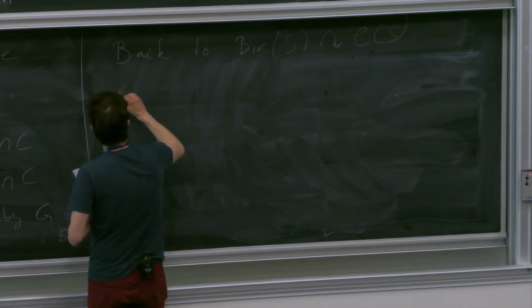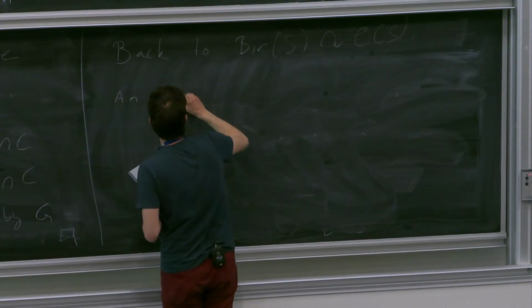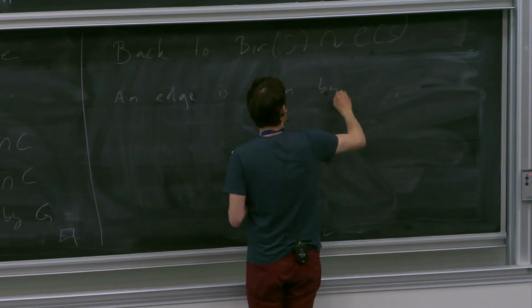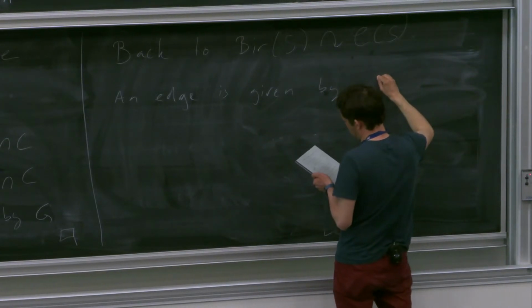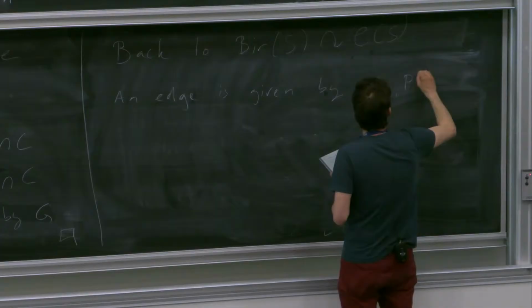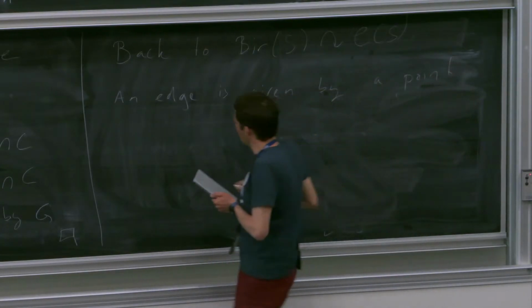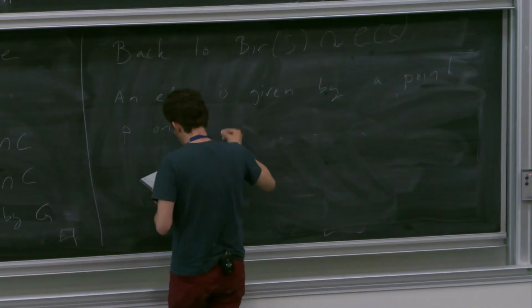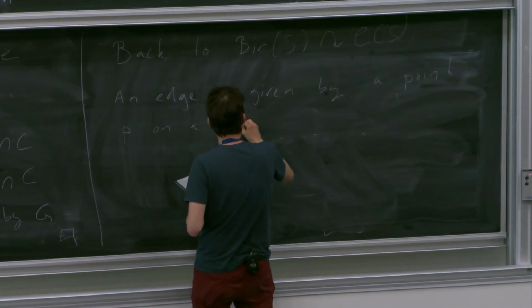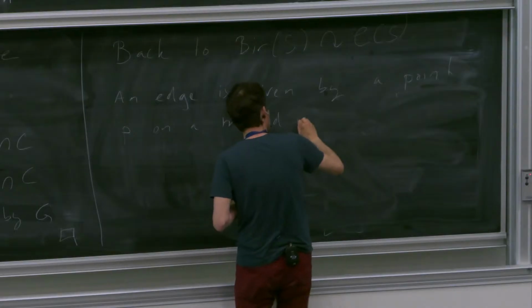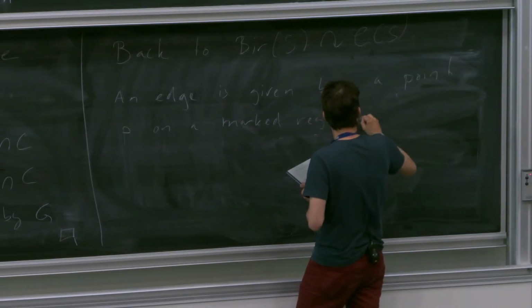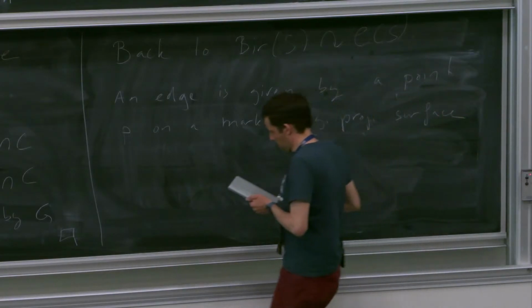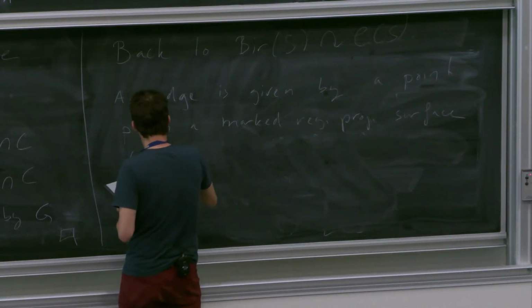So an H is given by a closed point P on a marked regular projective surface W, phi.